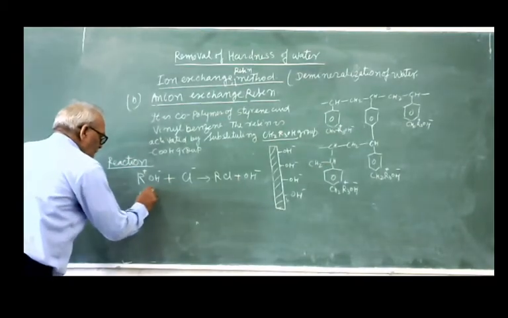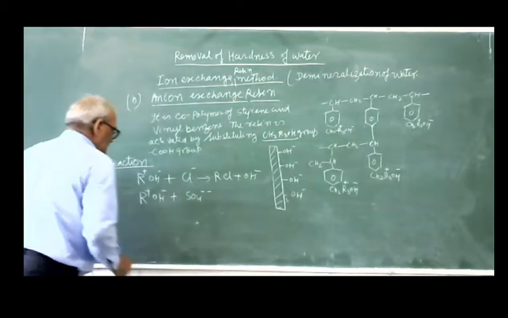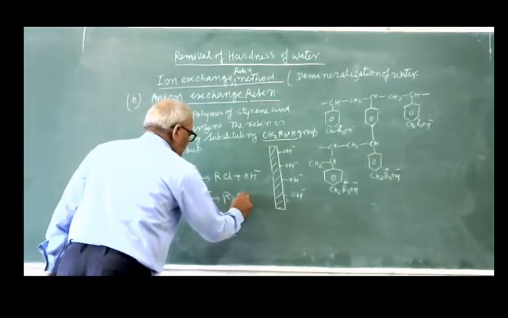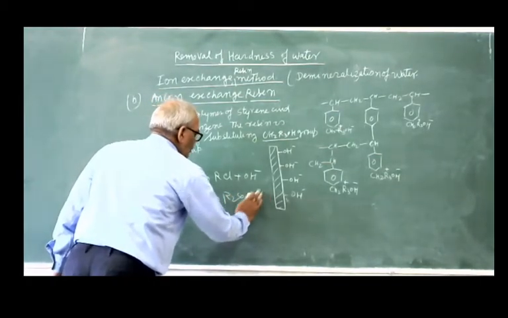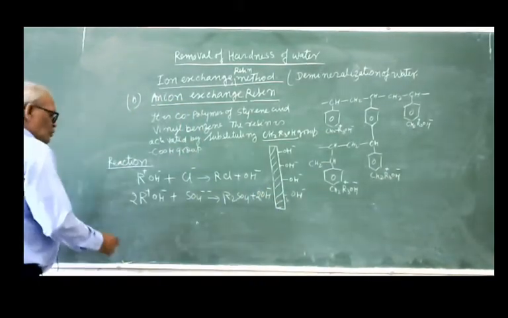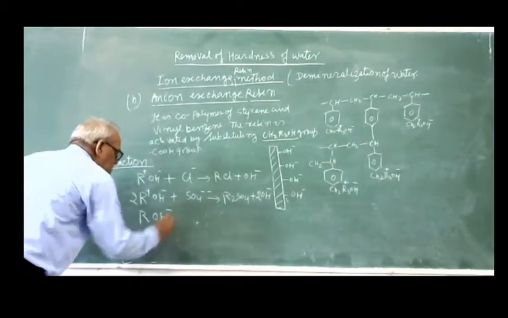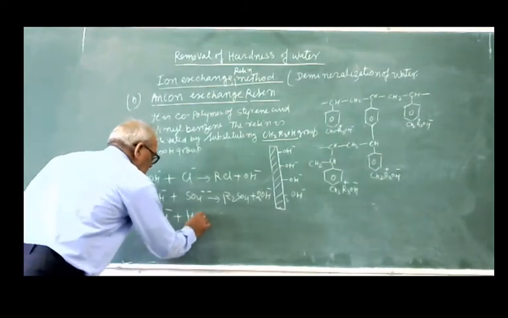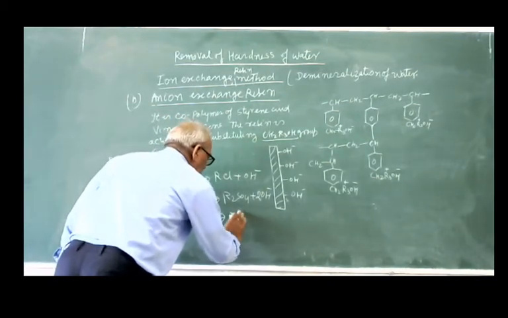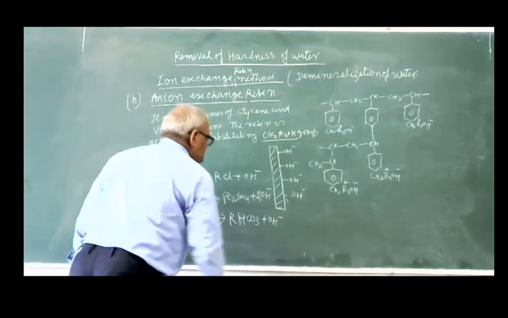Similarly, ROH plus sulfate ion, so you can get here R2SO4 plus 2OH minus. If you take bicarbonate ion, so ROH plus bicarbonate ion, you will get RHCO3 plus OH minus.